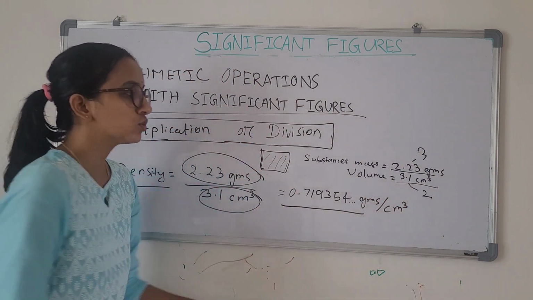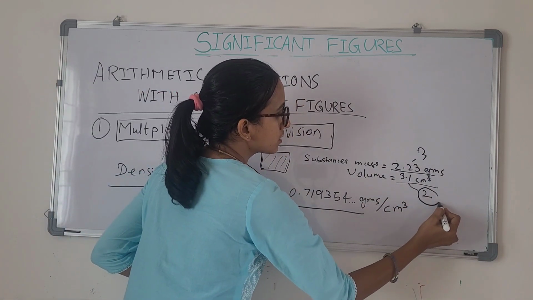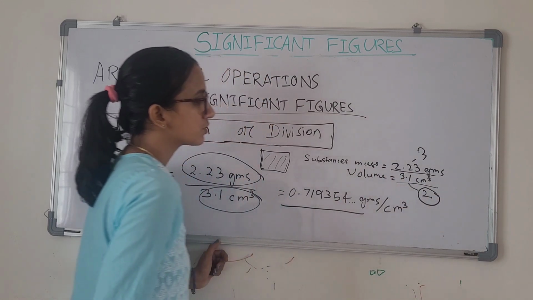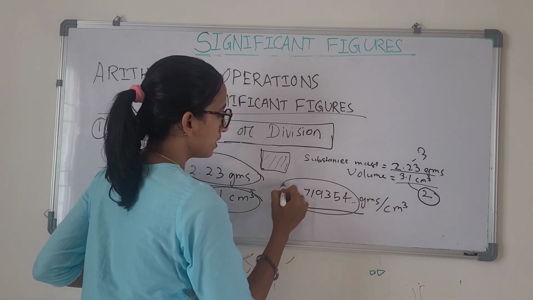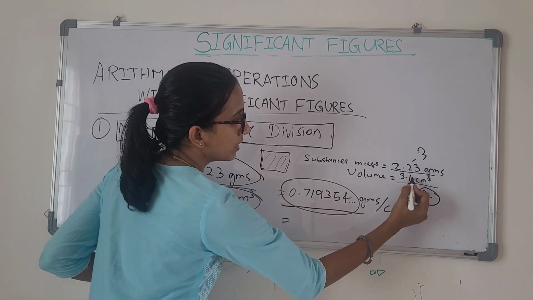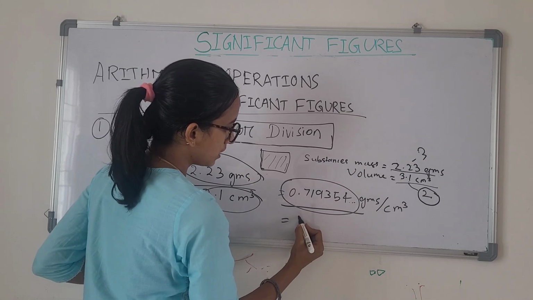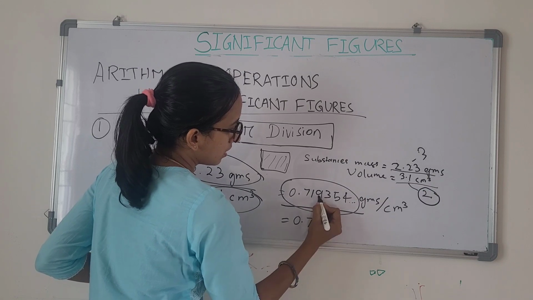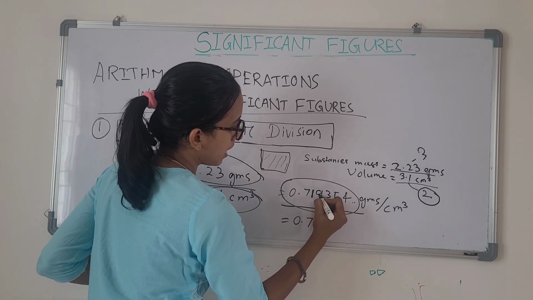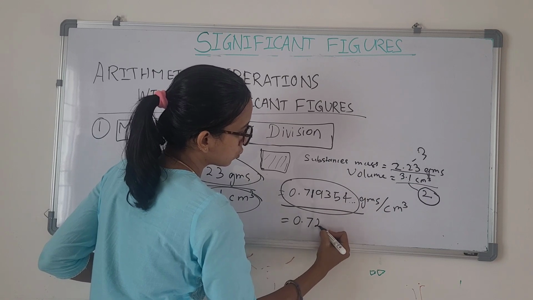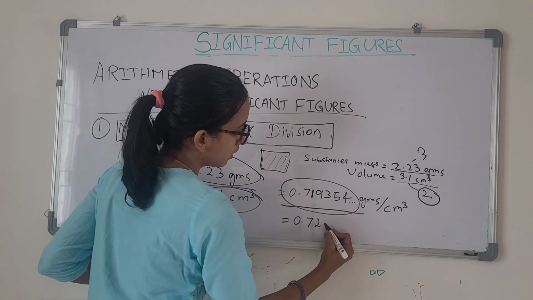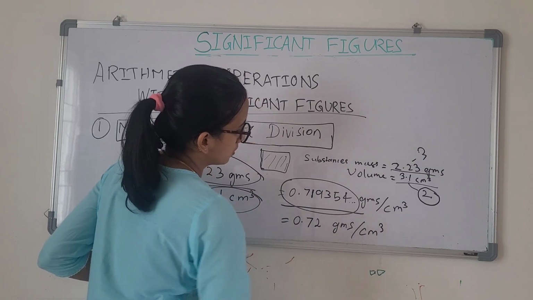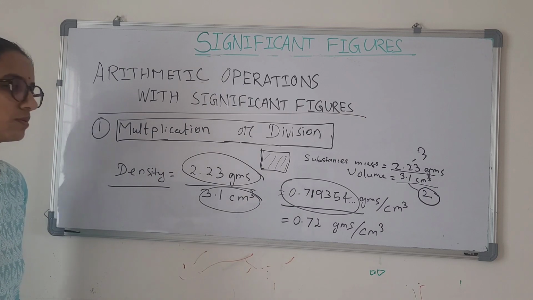So our result should contain as many significant digits as the one which is less in the data. So this quantity should be expressed in only two significant digits. So we can write the answer as 0.7, and since 1 is here and 9 is here, we will round it off to 2, eliminate the other digits, and write 0.72 grams per centimeter cube.